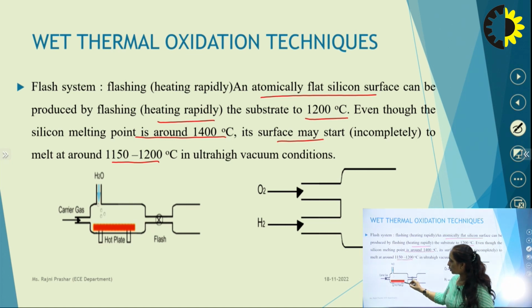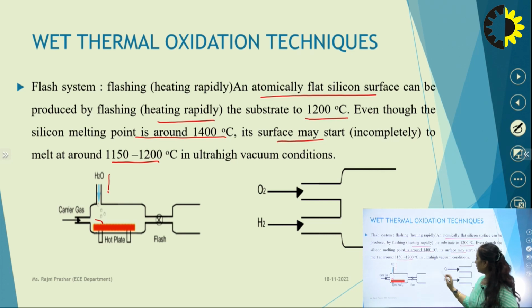So we have this hot plate. Here we have the water molecules and carrier gases, which will be passed through the system, and they are going to react with the silicon to form the silicon dioxide. If we are using wet conditions, we have hydrogen and water molecules.